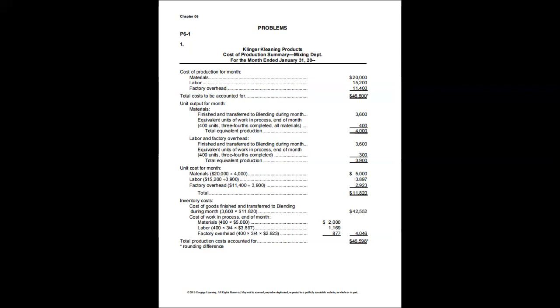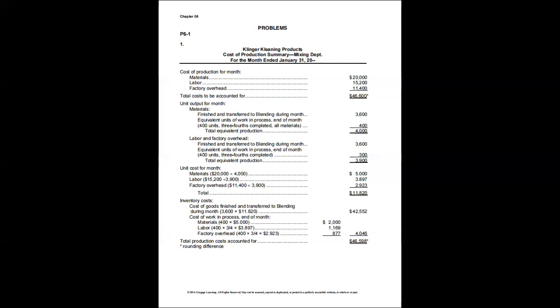So in other words, the units to be accounted for is just equal to the units accounted for, which is the sum of 3,600 units finished and the ending work in process of 400 units. So we have 4,000 units.